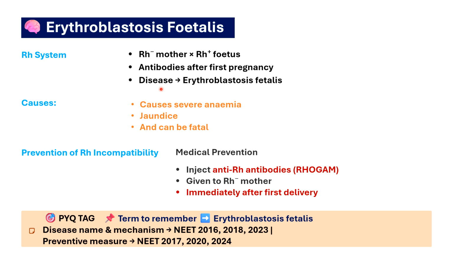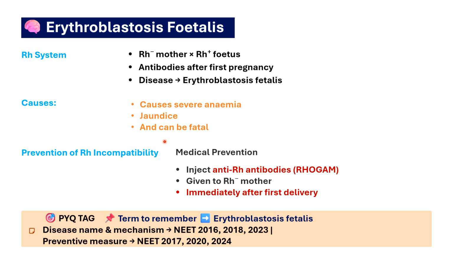The mother's blood understands the antigens in the baby's blood, that is the RH antigen, as foreign and makes the anti-RH antibody against it. This causes agglutination, causing severe anemia, jaundice and can be fatal, and this condition is known as Erythroblastosis Foetalis. So we answered this question on the disease name and mechanism, which has come in 2016, 18 and 23.